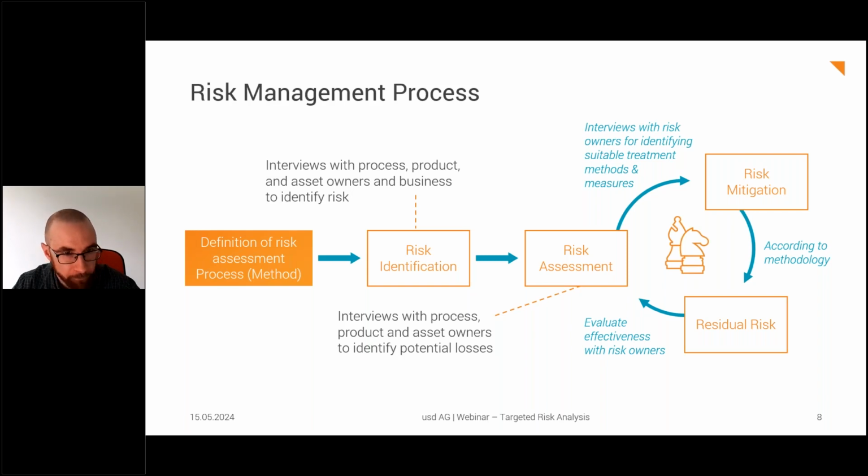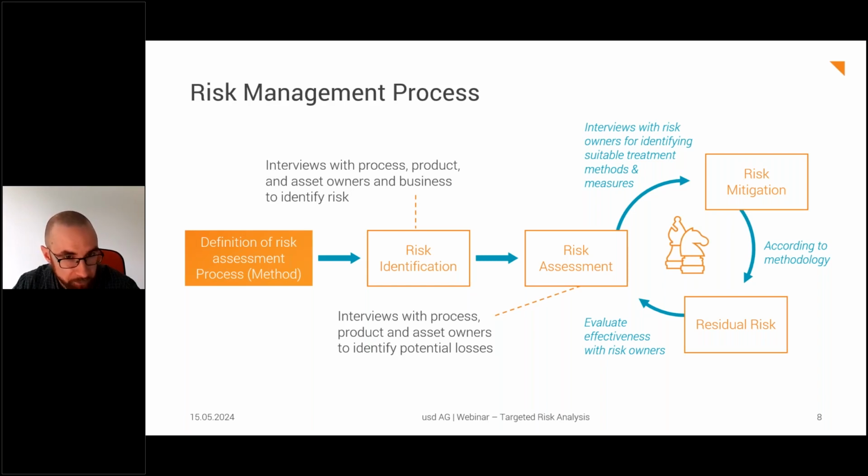So we have as a first step on the left side in the orange box, the definition of the risk assessment process. So here you would use your OCTAVE or the methodology that is recommended by NIST or by any other organization as a methodology for your risk assessment and your risk management.